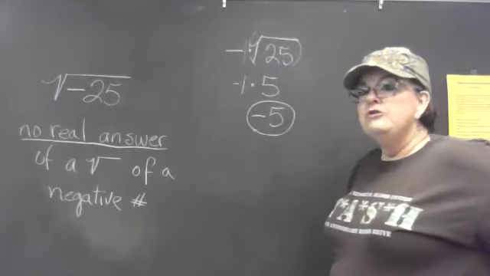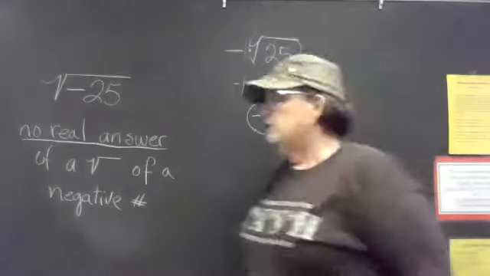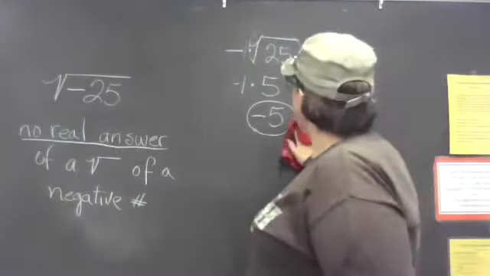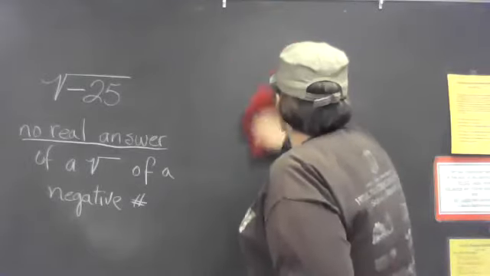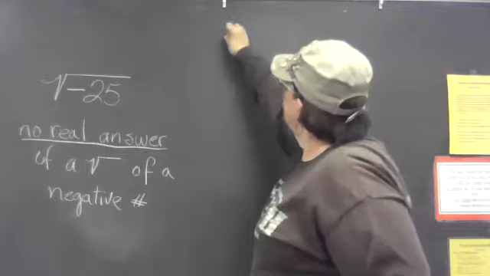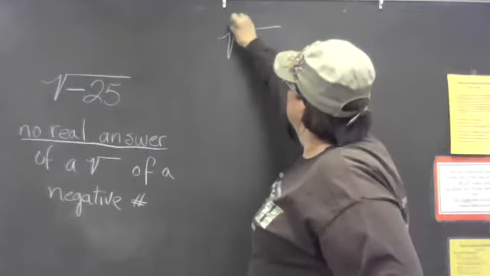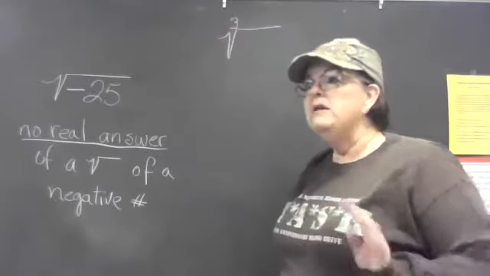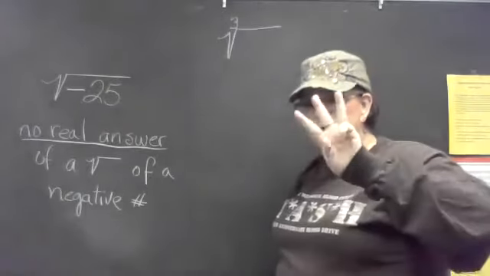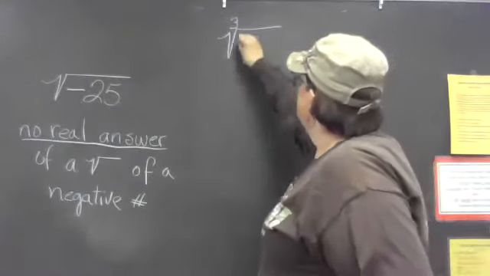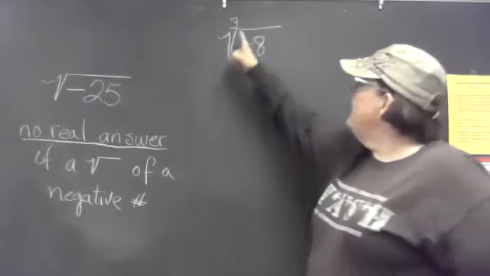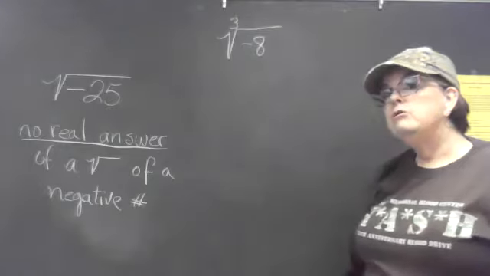I want to talk to you about cubed roots because negatives are okay in cubed roots. Now this means I need a number that will be times itself, times itself, times itself, 3 times, to give me negative 8, okay? There's a negative under the radical, but now we're talking about a cubed root.